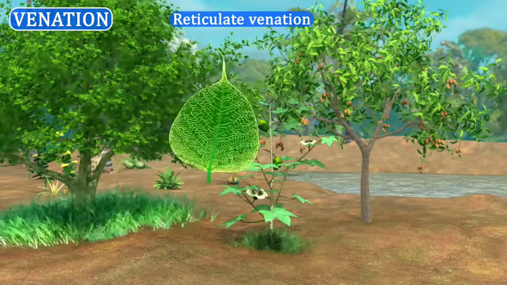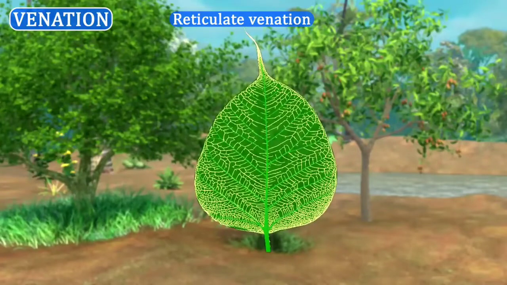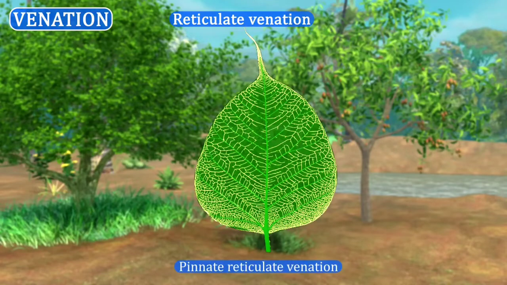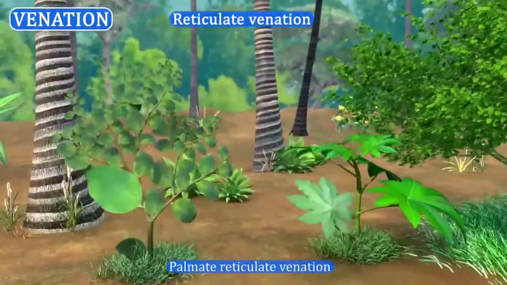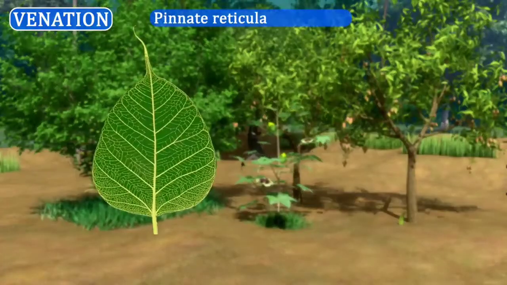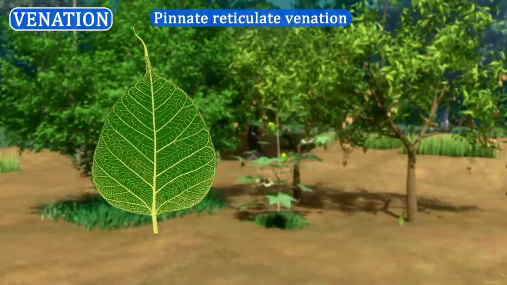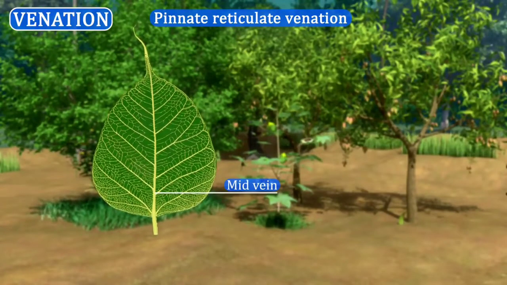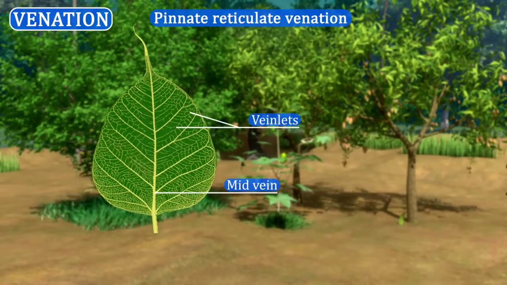Reticulate venation is classified into two kinds, based on the number of midveins: pinnate reticulate venation and palmate reticulate venation. Pinnate reticulate venation. In this venation, the leaf has only one midvein. The veinlets form a network.